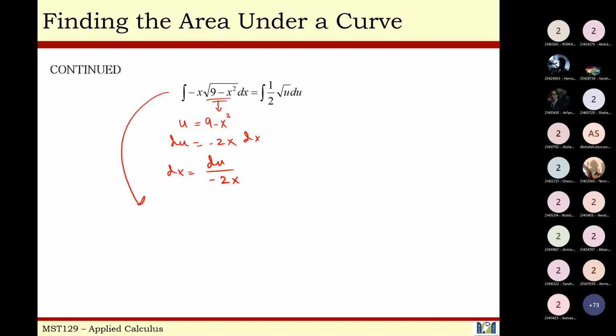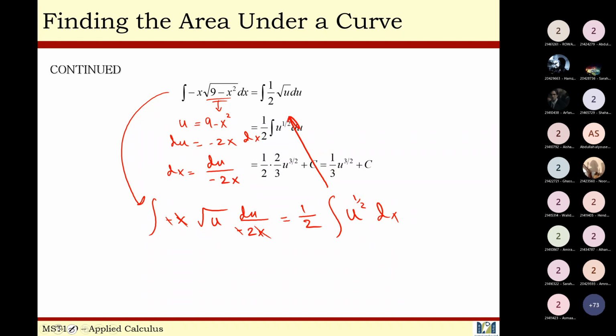So this integration is minus x radical u and du over minus 2x. Cancel x with x, negative with negative. So we have half the integral of u to the power half, that is the radical. So this is the integration.